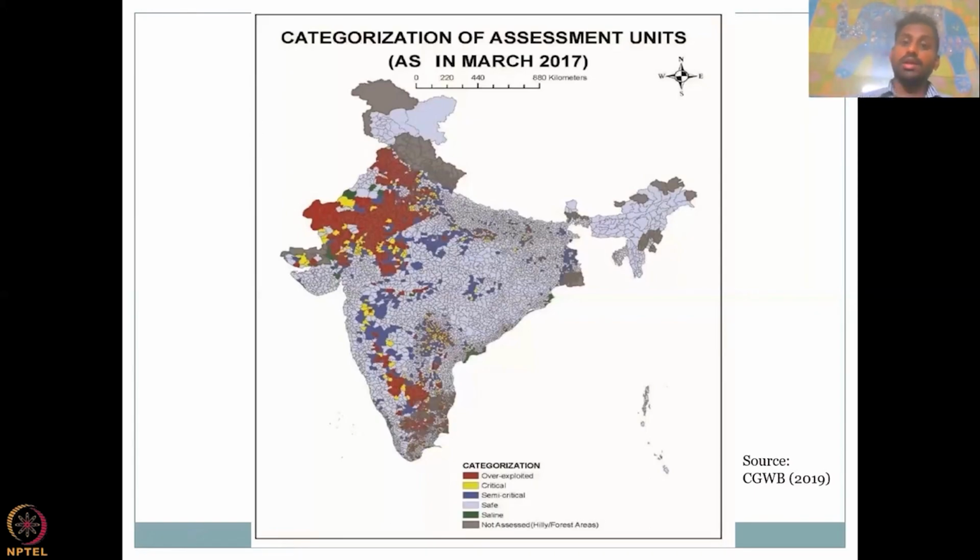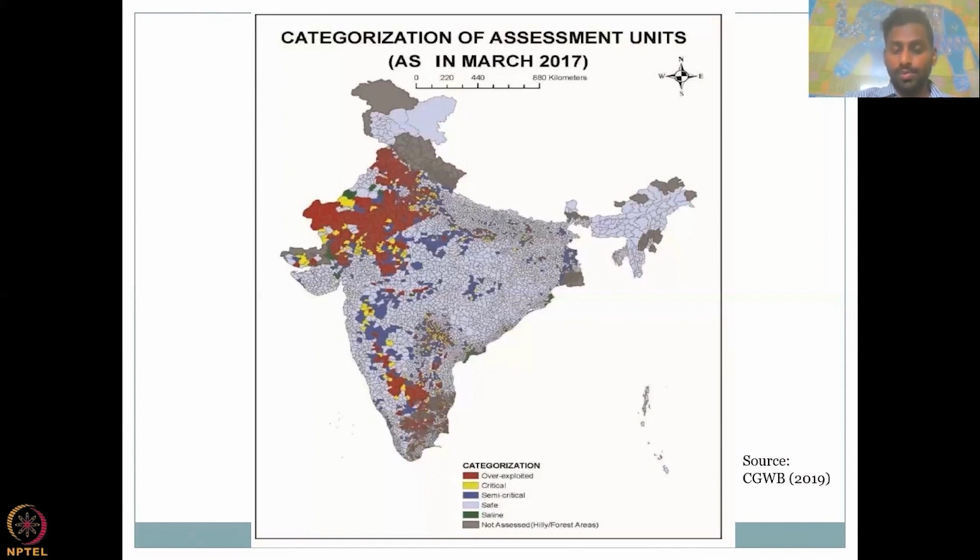So if you start taking water more than the annual recharge, you go into the overexploited scenario. And this is not a good way to use groundwater, especially in a nation where agriculture is the major occupation of the people. And agriculture also takes a bulk of all the groundwater reserves.